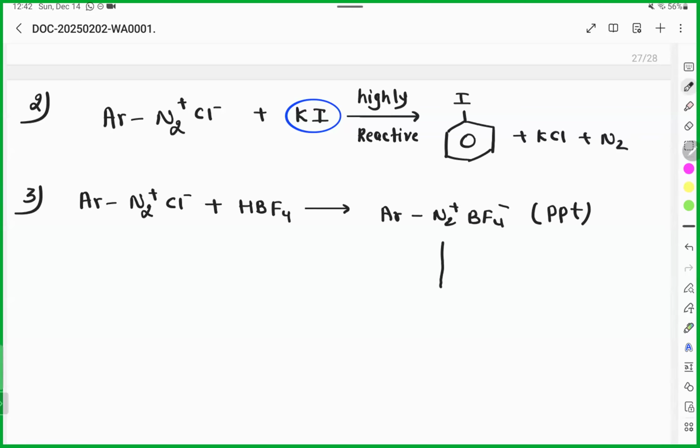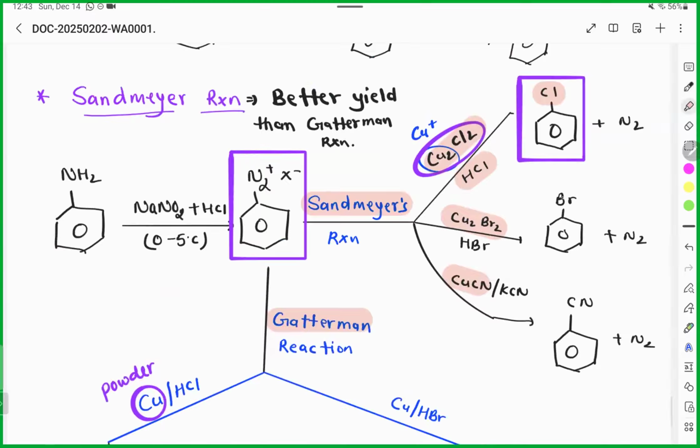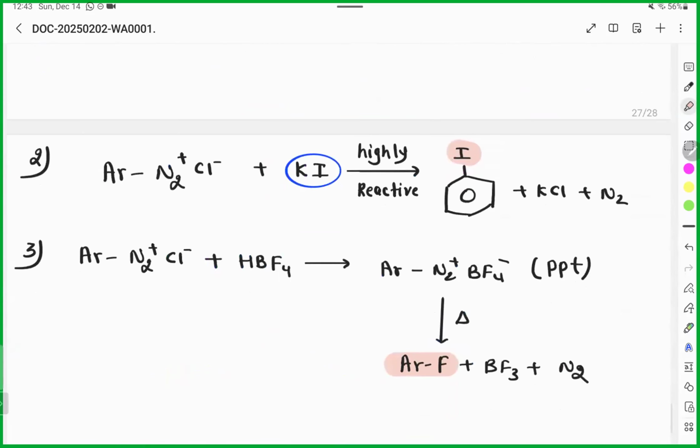When you further heat this, you can add fluorine in this, plus BF3, stable, nitrogen is stable. So you added fluorine, iodine, chlorine, bromine, cyanide. So many things you can prepare using one single compound, diazonium salt. Isn't it easy? Yes or no, guys? Yes, sir.